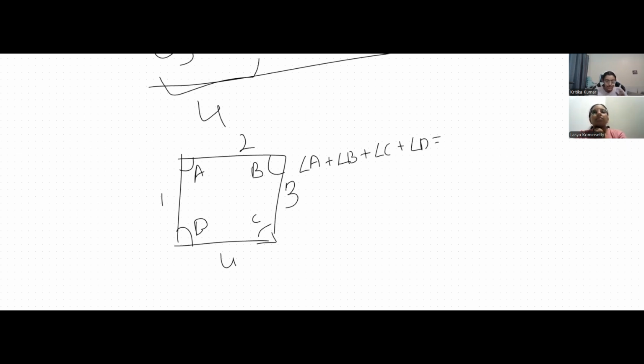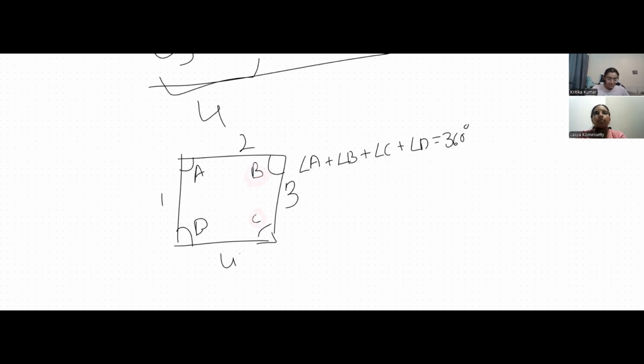Just like how in triangles every angle adds up to 180, in quadrilaterals every angle adds up to 360. And the only reason I'm telling you this is because it can be pretty useful. Because if I give you the value for angle B, and then you have the value for C and you have the value for D.